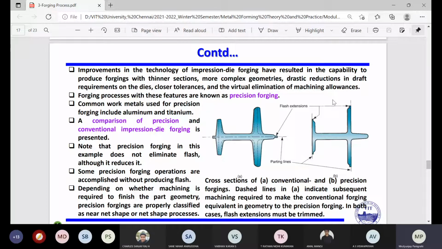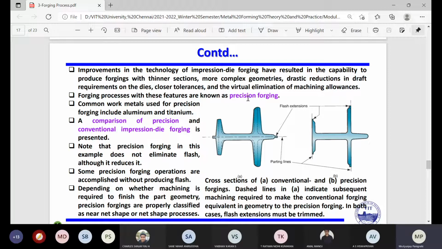Things we thought impossible in forging, like very thin sections and complex geometry, can be made. A forging process with these features is known as precision forging.